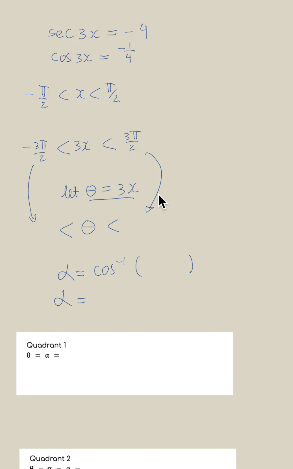We use decimals to make it easier to calculate later. So 3 over 2 times pi, you get 4.71 radian. So the range of values is from negative 4.71 to positive 4.71.